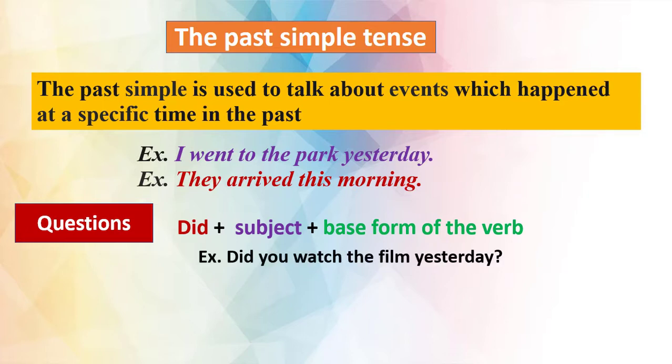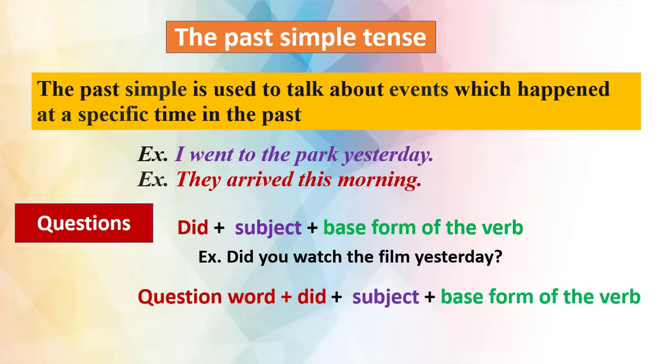Did you watch the film yesterday? If we use a question word, then we use the question word first plus did plus subject plus base form of the verb. Where did you go last week?